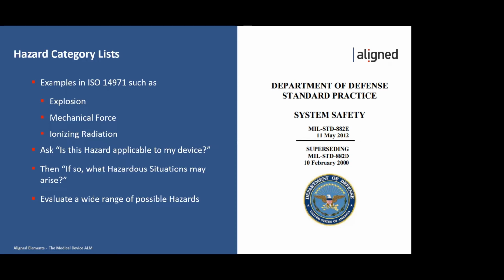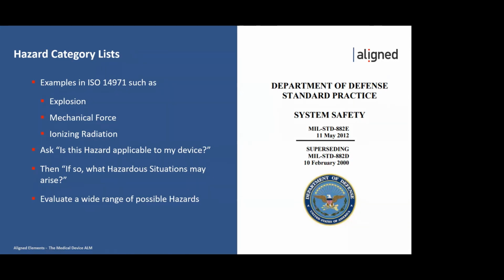And I found that there is an old military standard in the United States for preliminary hazard analysis that does exactly this. It contains a list of generic hazards, and it tells the user to go through the list and ask themselves the question: okay, is this particular hazard applicable to my device? Can this hazard happen in my device?